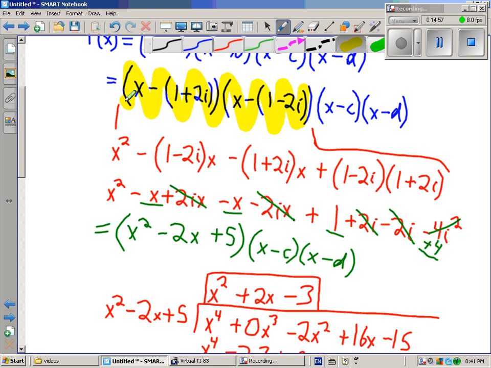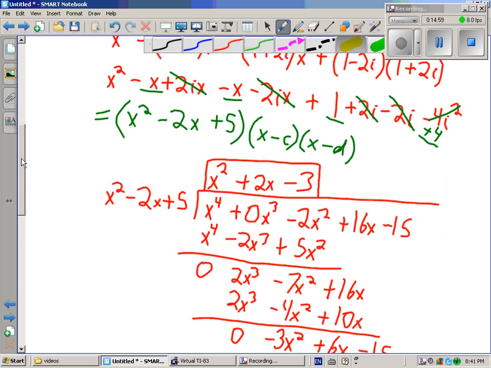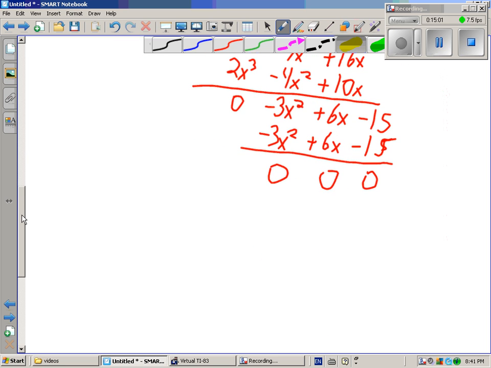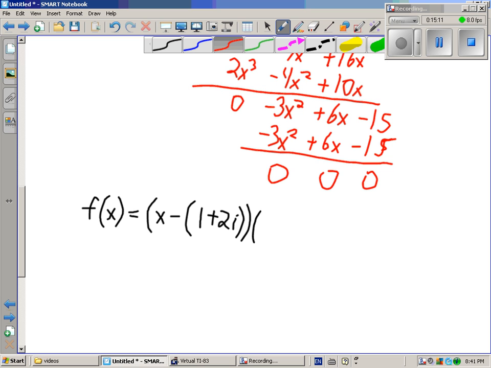So x minus both of our complex zeros. Our function factored out is x minus 1 plus 2i, x minus 1 minus 2i, and then finally our x squared plus 2x minus 3.